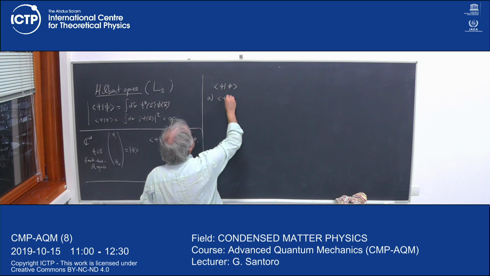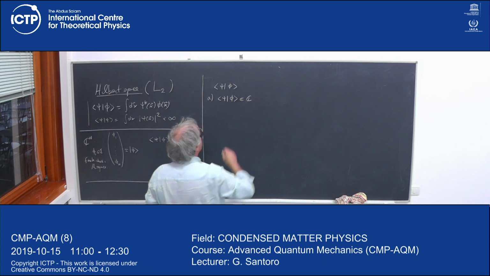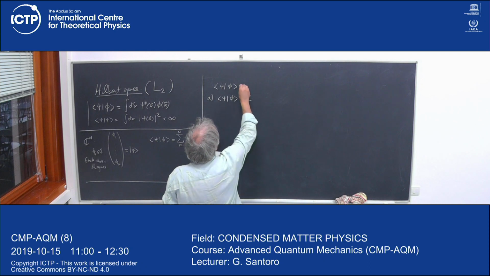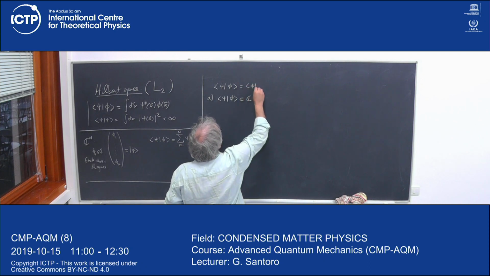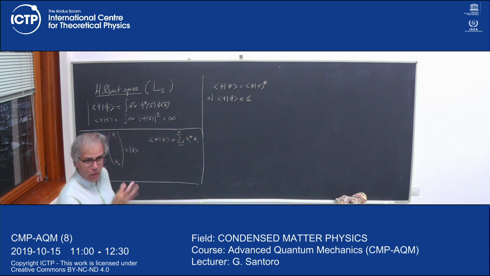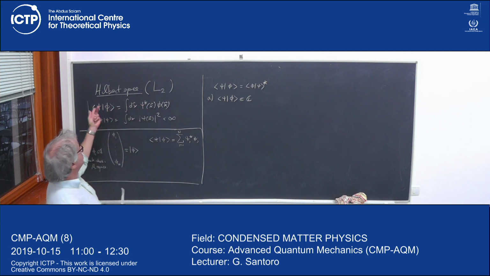First, in general, this object belongs to C, so it's a complex number, and by the way, this object is equal to the star of the opposite object. You see from here, every time you switch the two things, you get the star.